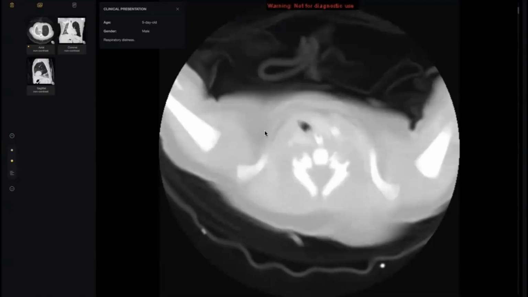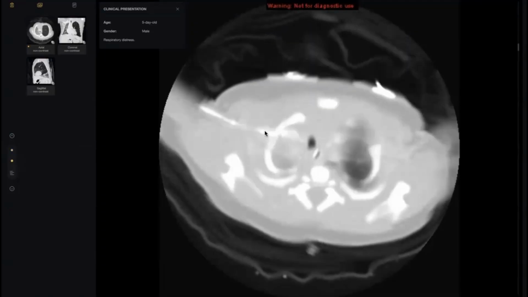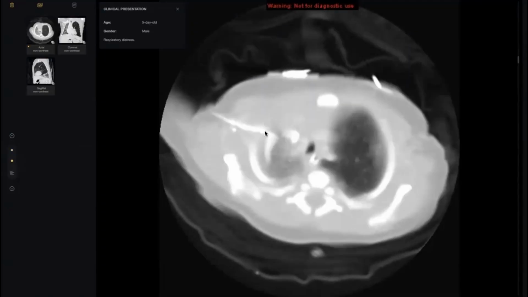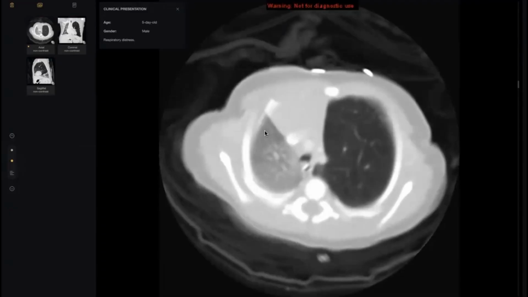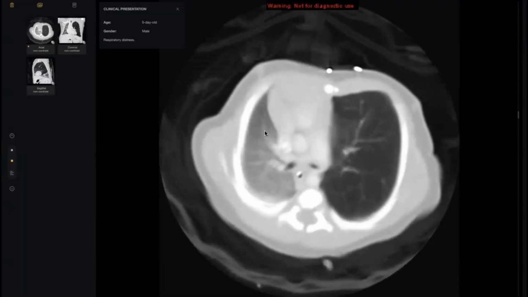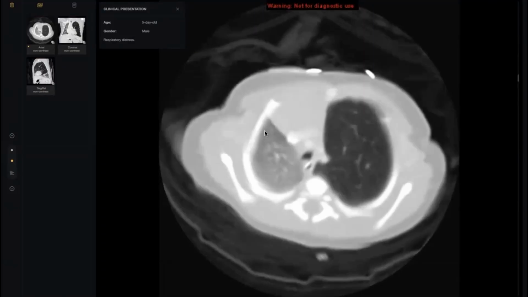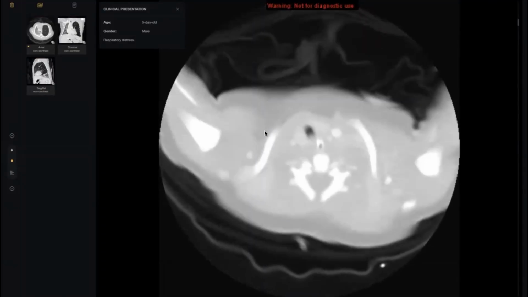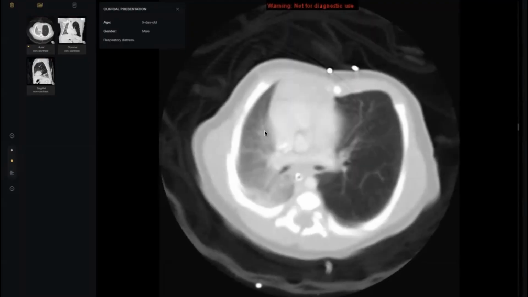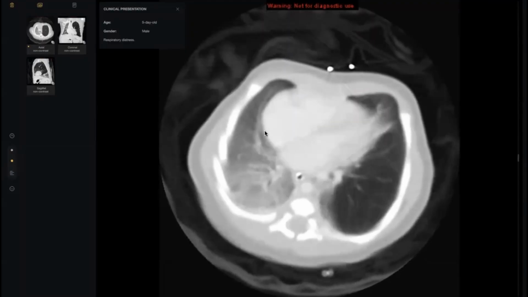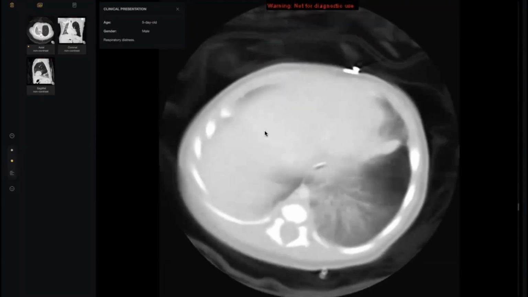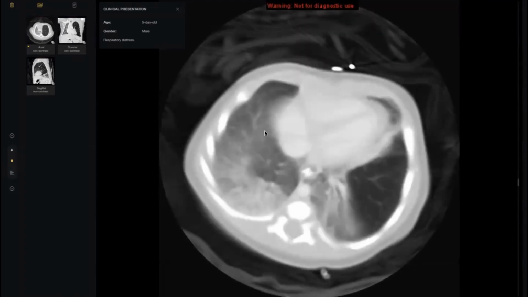So when I am looking at the CT, I am looking to exclude something from the beginning. What to exclude? Foreign body. So your eyes are on the bronchi from the beginning: no foreign body. Then I look at the lung: this is affecting only the left upper lobe.